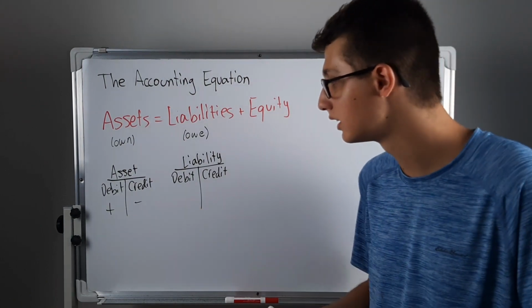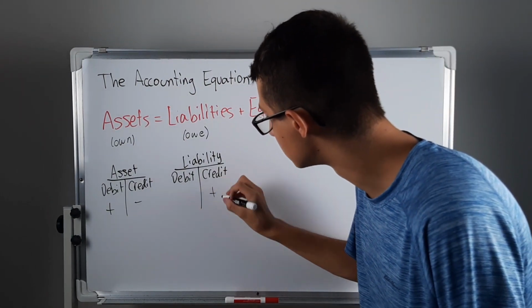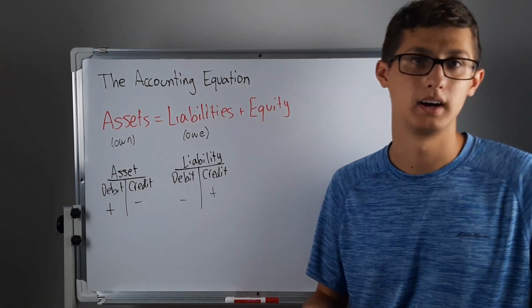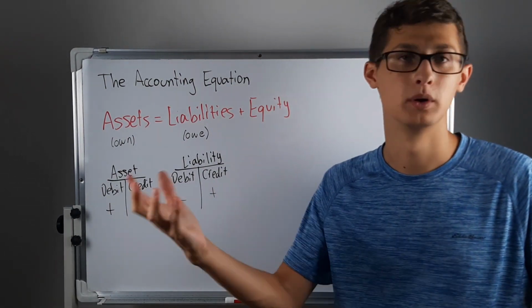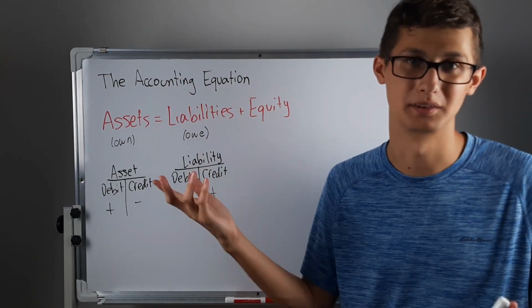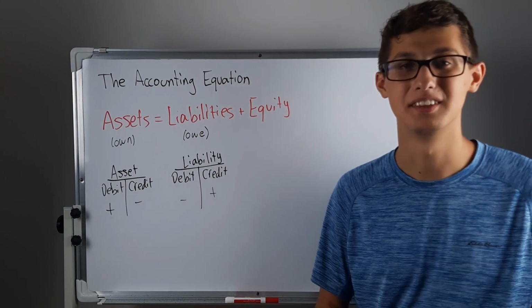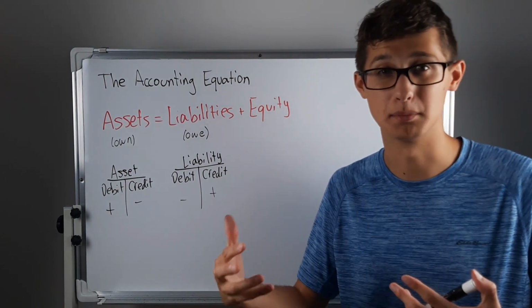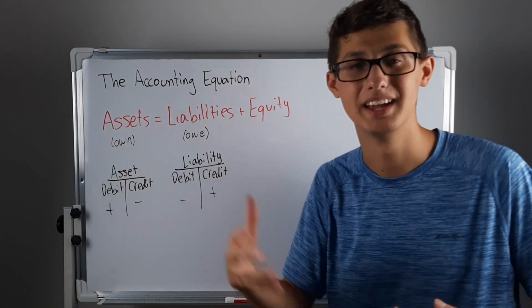Whereas with liabilities, it's the other way around. Credits increase them and debits decrease them. Let's say you owe $100 to somebody for whatever. It doesn't matter. That goes in what's called accounts payable, because you have to pay it.